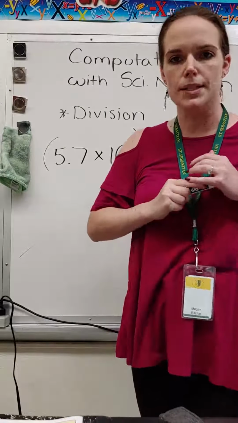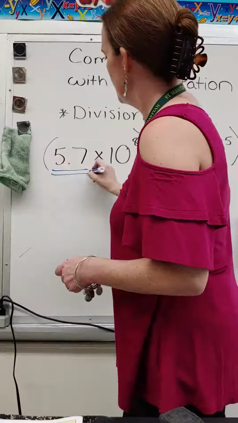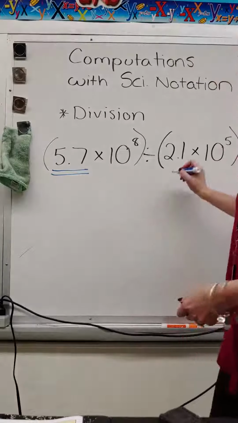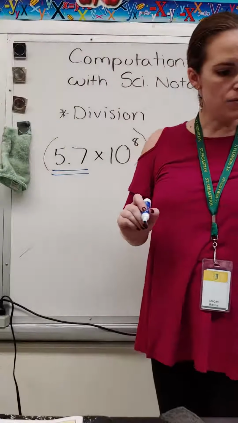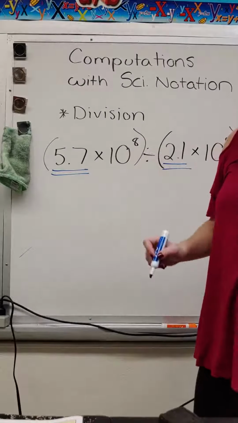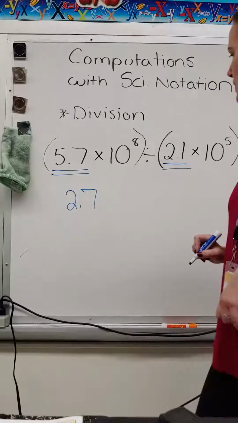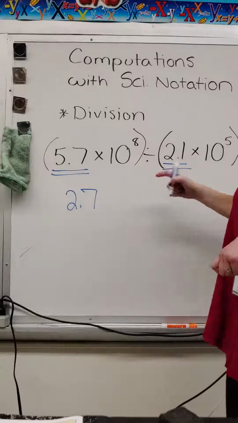You're going to do the same concept where we take our front numbers, 5.7, and divide that by 2.1. And when you do that, you should get, it's a long decimal, but we're going to round it to 2.7. And we're also going to divide these.